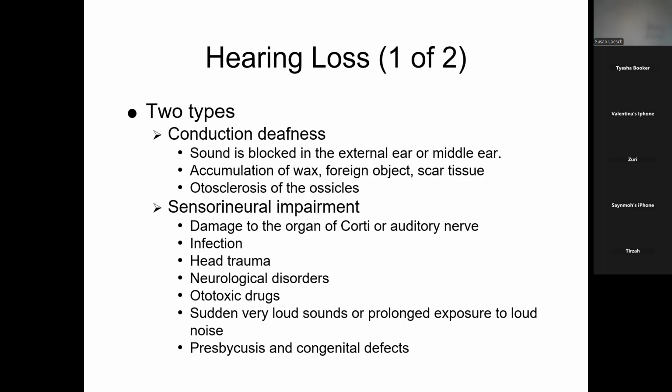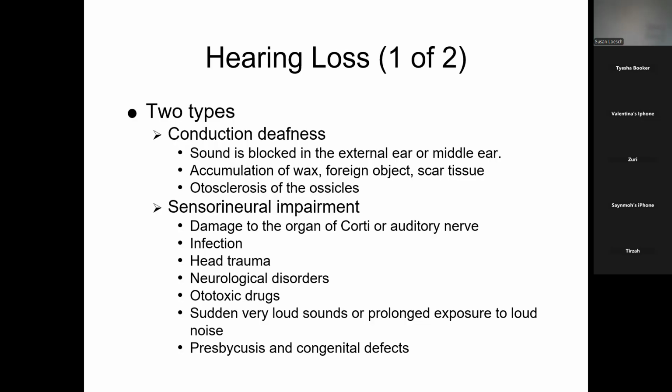This damage comes from infection, head trauma, neurological disorders, ototoxicity, infections. Loud sounds, prolonged exposure to loud noise causing damage to the hair cells.